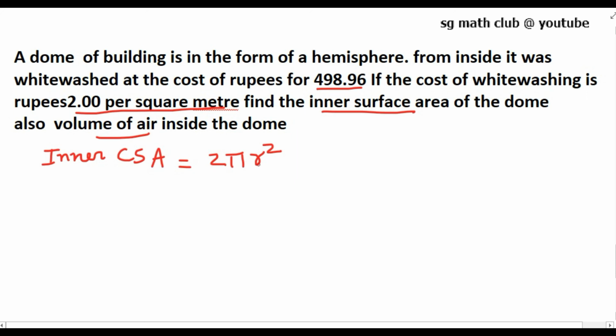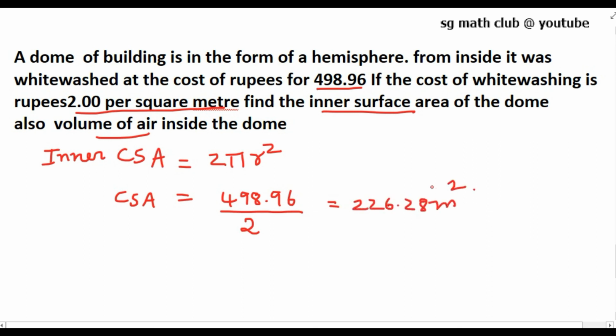Here we don't have the radius, but we need to find the inner curved surface area. The total cost of whitewashing is rupees 498.96 and the cost per square meter is rupees 2. If you divide this, you will get the inner curved surface area.